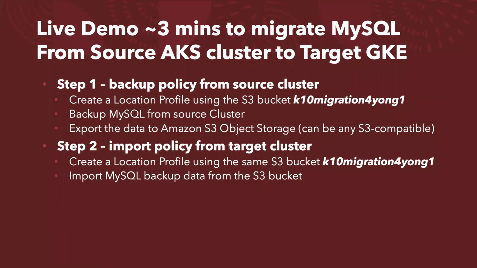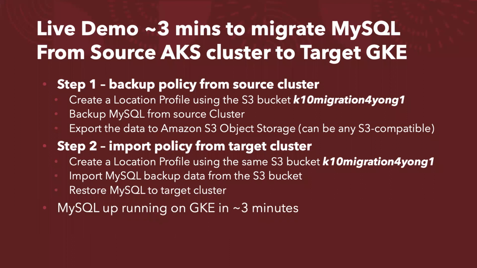Now I'm going to create an import policy. I need to read the data from my source cluster S3 bucket, and then I will restore MySQL to my target cluster. So in just 3 minutes, the MySQL database will be up and running on my GKE cluster.